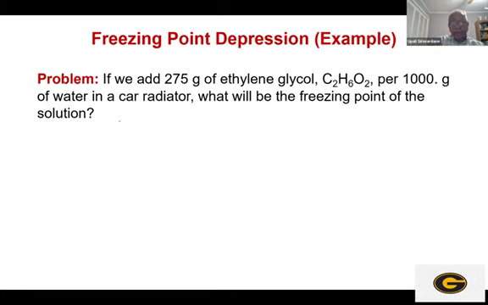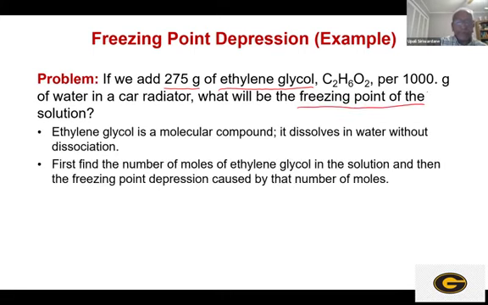Let's do an example. That's the antifreeze in car radiators. If you had 275 grams of ethylene glycol, what is the freezing point depression? Now you have to calculate number of moles.